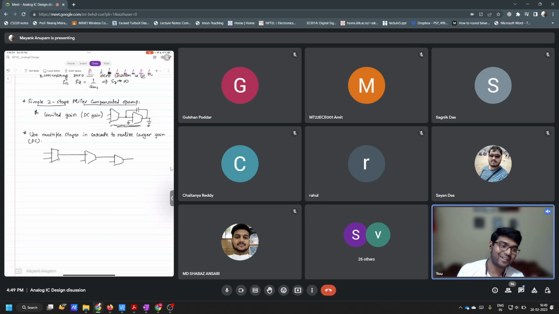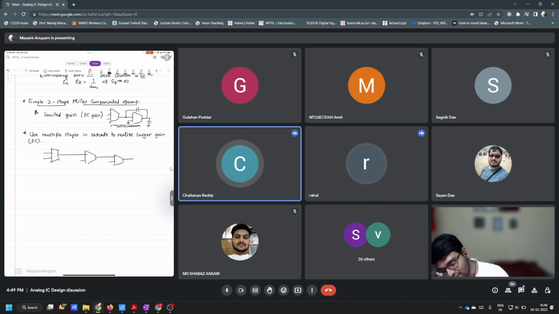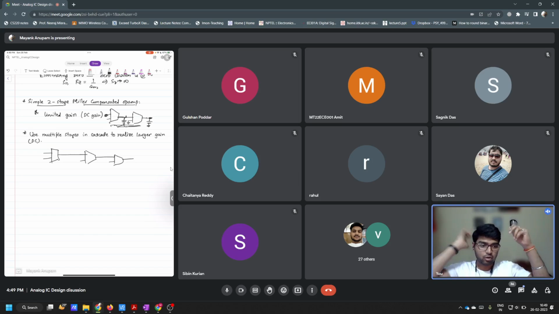And why is that required? For stability, we will have a proper phase response. Correct. So basically, if you do not add this capacitor here, what will happen? From input to the output we have two delays, right? This will also have some parasitic capacitance here. So the first delay element will be this capacitor, and then again we have a delay due to this capacitor. These two delay elements in the circuit will cause a large delay.